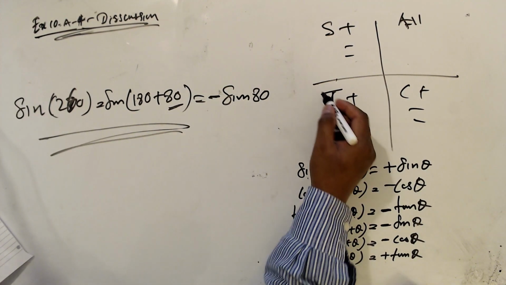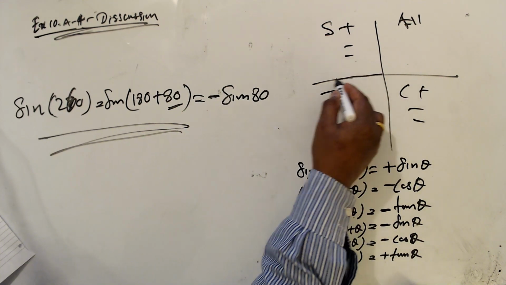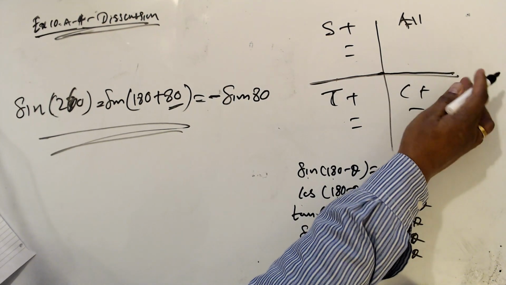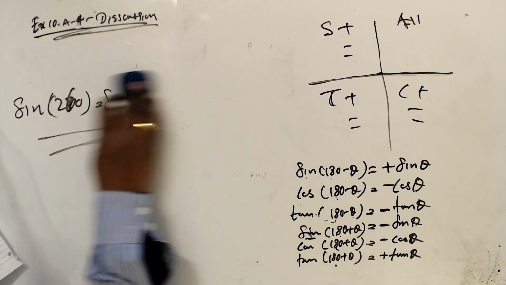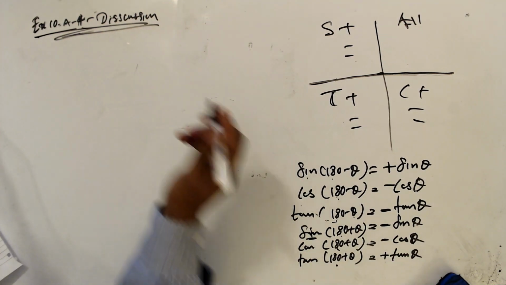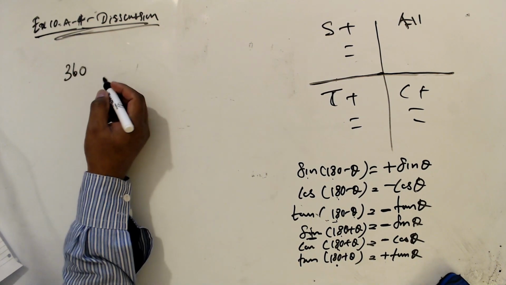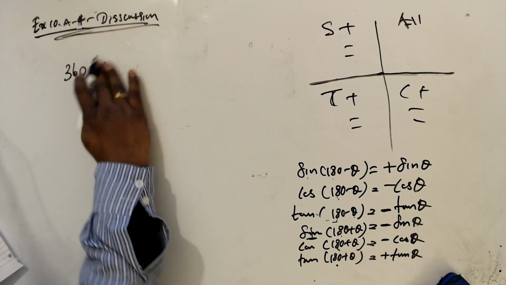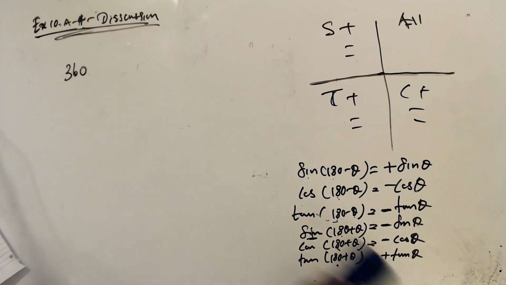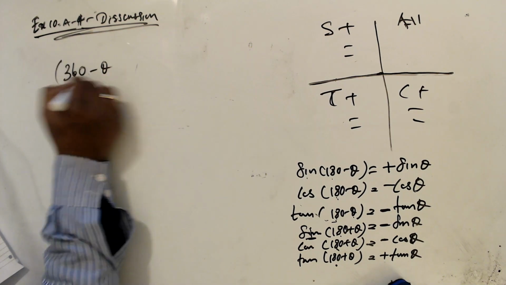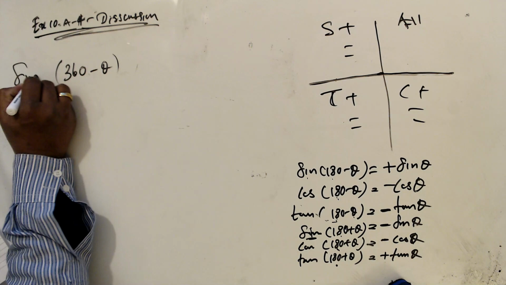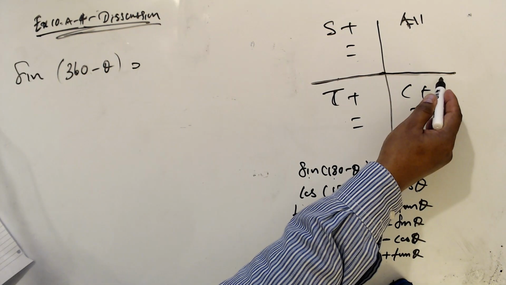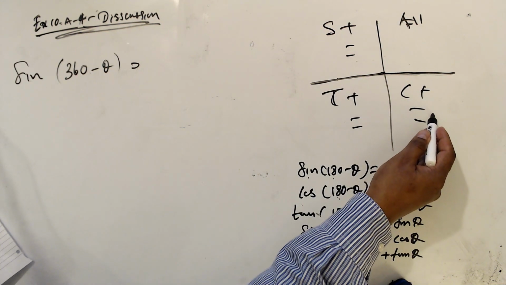Now we discussed on this x-axis this 180. Now here we'll discuss 360. When we get 360 minus theta, what is the sine ratio? We go to 360 and come theta back.